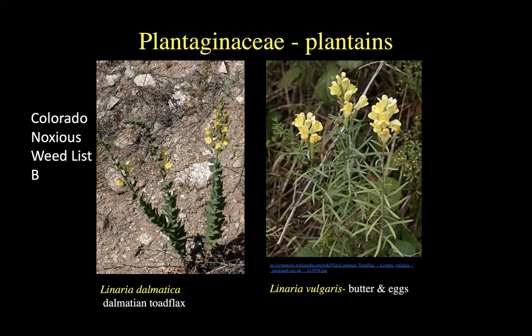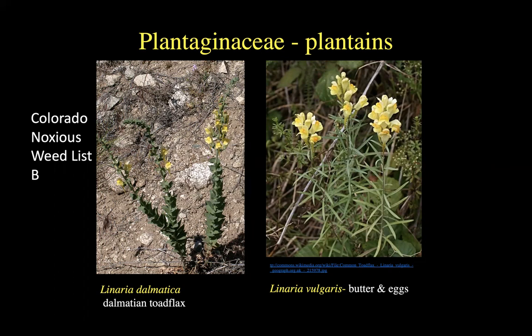Okay, now we move to Plantaginaceae, the kind of indistinguishable family. Two important groups to learn. I want you to learn the genus Linaria. This is kind of the butter and eggs or toadflax group. They look like snapdragons. They have really beautiful flowers, but these are really bad weeds in our region.